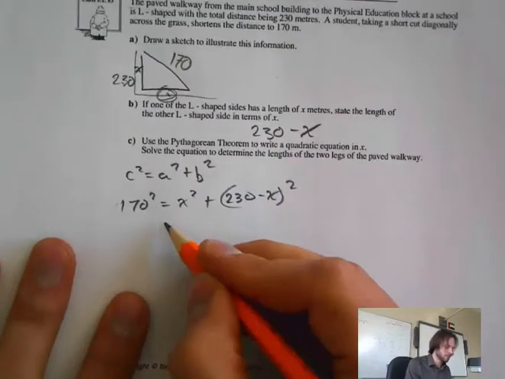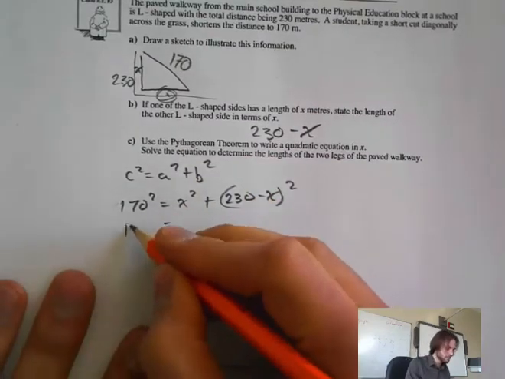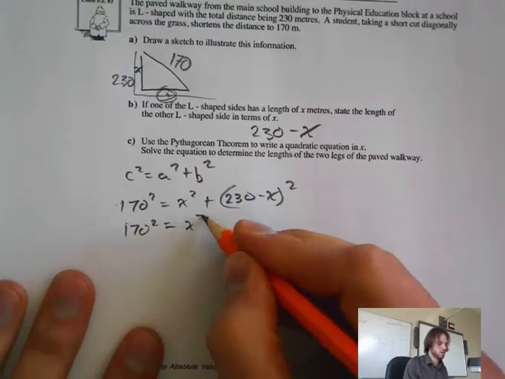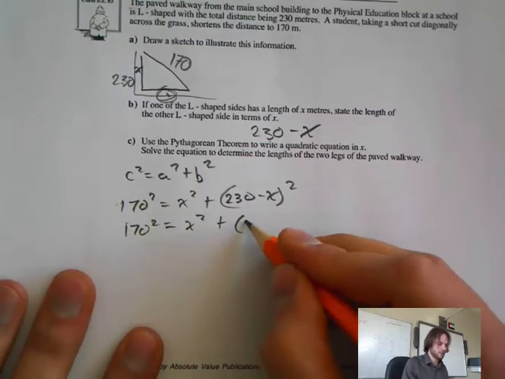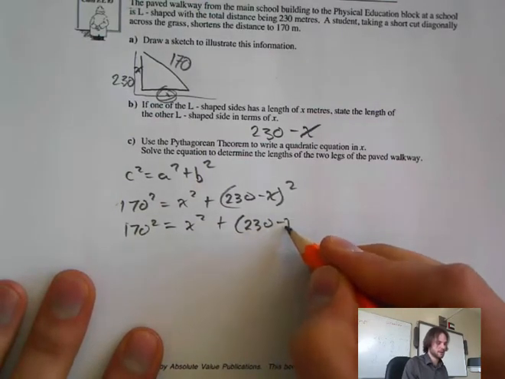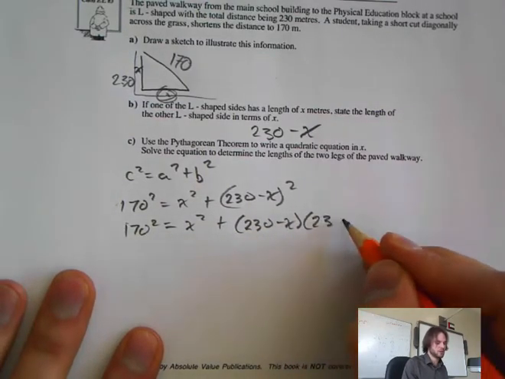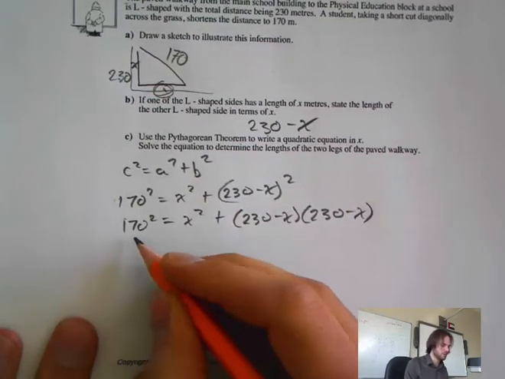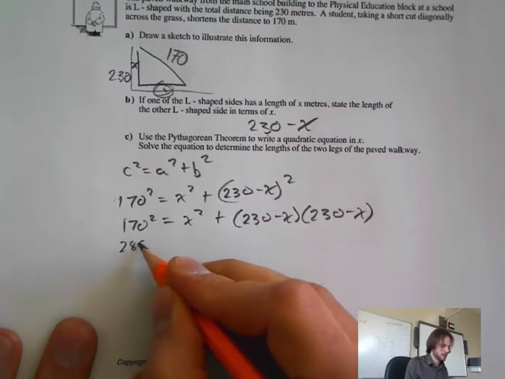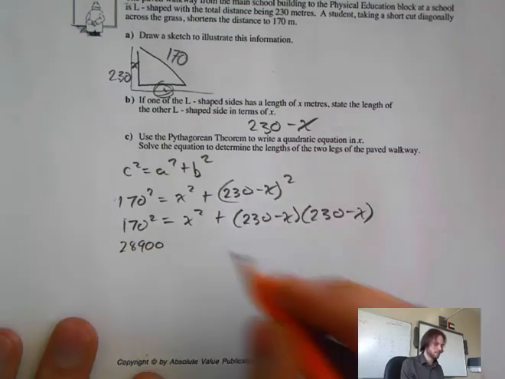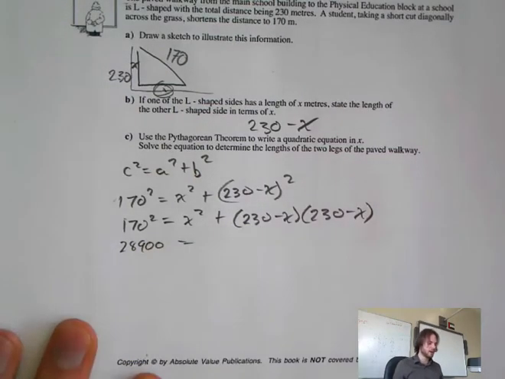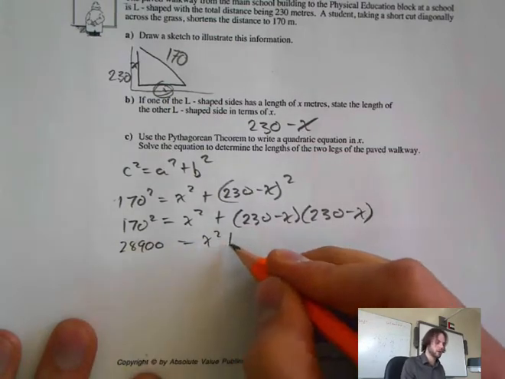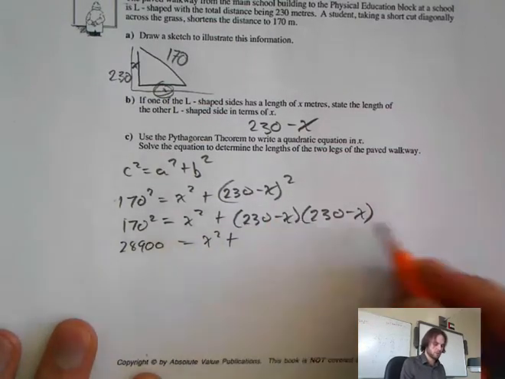Okay, I'm going to start expanding this. It's equal to x squared plus, and we have 230 minus x multiplied by 230 subtract x. Alright, so this here is going to be 28900. Okay, I believe, yep. And we have x squared plus, and I'm going to start solving this.